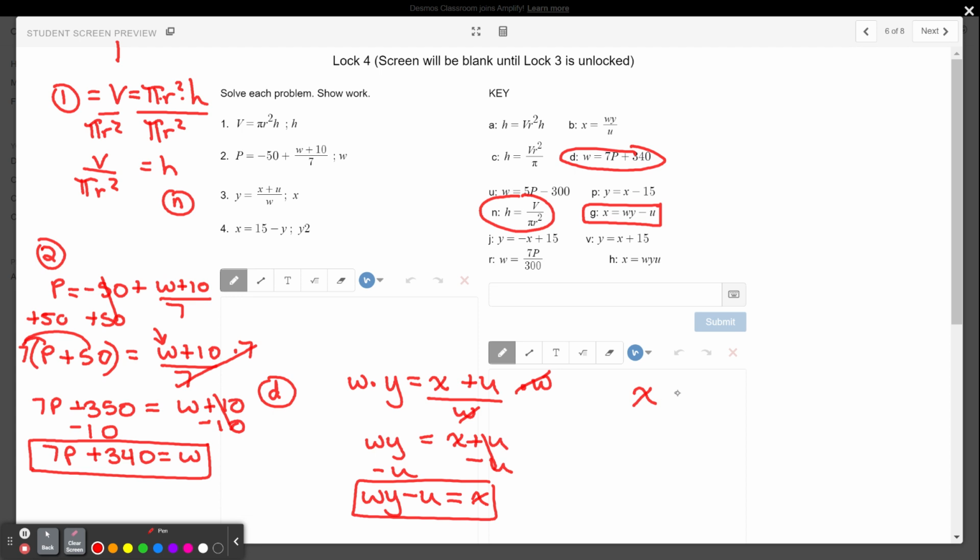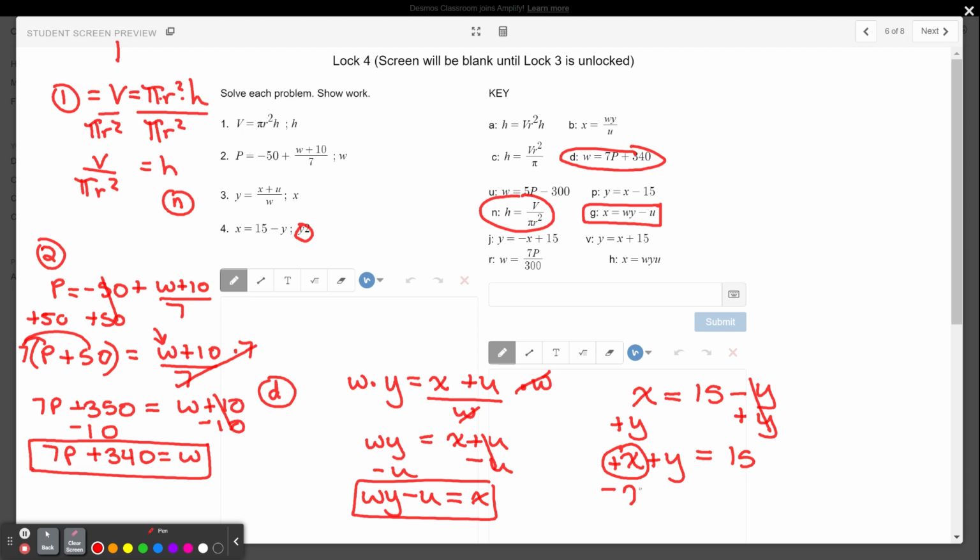And then for number 4, I decided that I'm going to simplify it a different way than I did on slide 1, just to show you both. We want just y by itself. So I'm actually going to add y to make it positive. But notice that really doesn't do anything other than making it positive. We still have to get rid of this positive x. So this x is really being added.